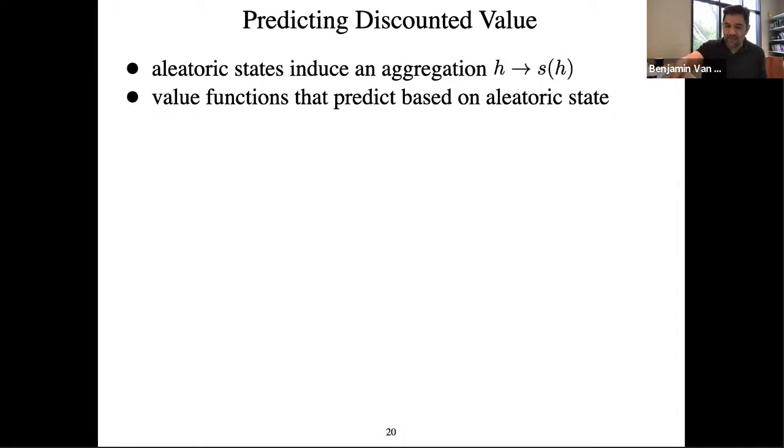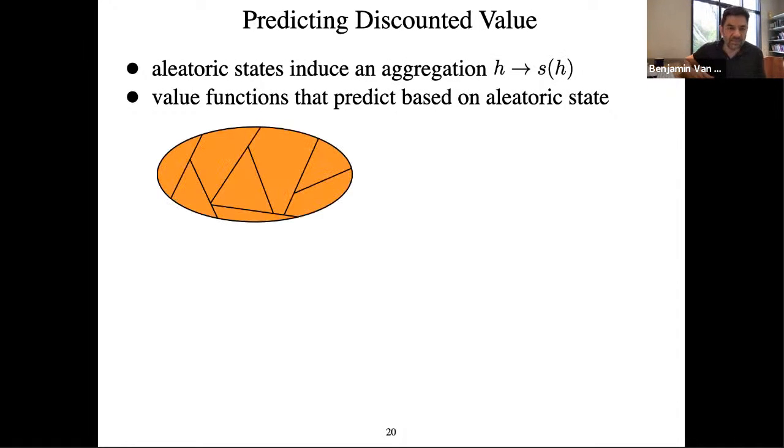If you do that, you're effectively partitioning the set of histories. You can think of this orange ellipse as a set of possible histories, and in there is our current history H. By making a prediction based on aleatoric state, we're saying all histories with the same aleatoric state have to generate the same prediction.